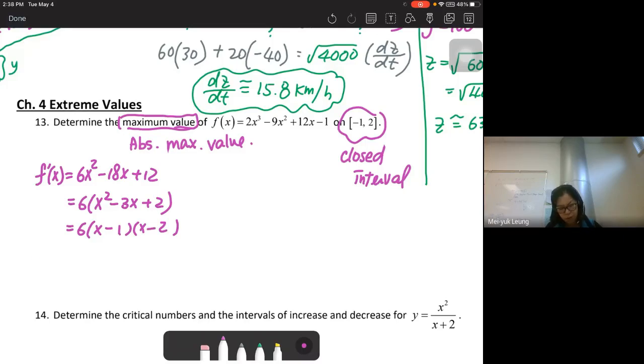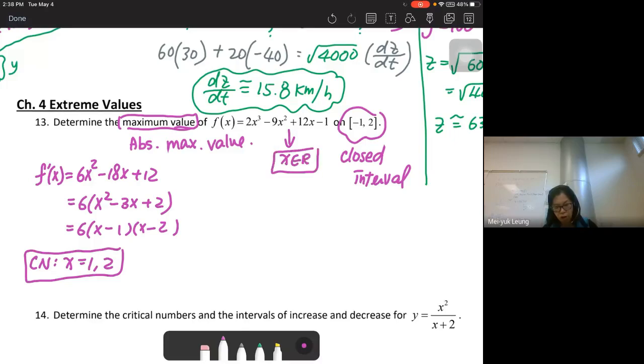So the critical numbers would be at x equals 1 and 2. And remember, this original function is a polynomial function, so there's no restriction. You also want to make sure that the critical numbers occur within the domain, in the closed interval.